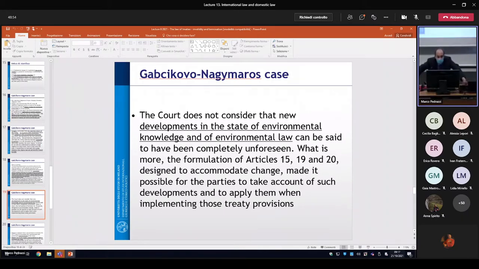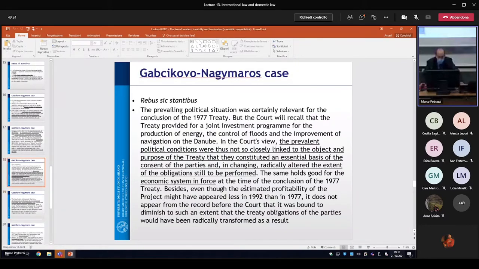What is more, the formulation of some articles of that treaty between the two countries made it possible for the parties to take account of such developments and apply them when implementing those treaty provisions. These provisions provided for, as I mentioned before, adjustments which would take into account environmental considerations.